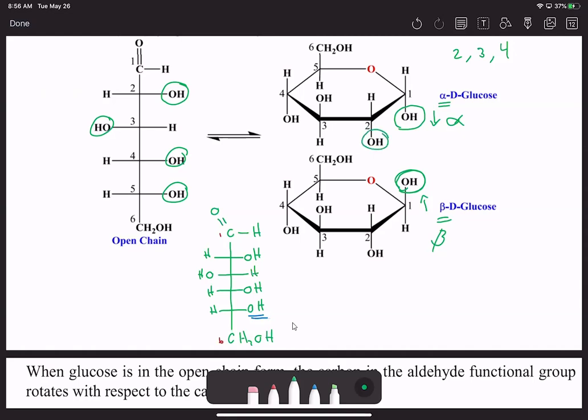Down, up, down. And that's the hydroxy group here. And we notice it here, down, up, down. And I know that I have glucose looking at these structures. And then we can tell whether it's alpha or beta.